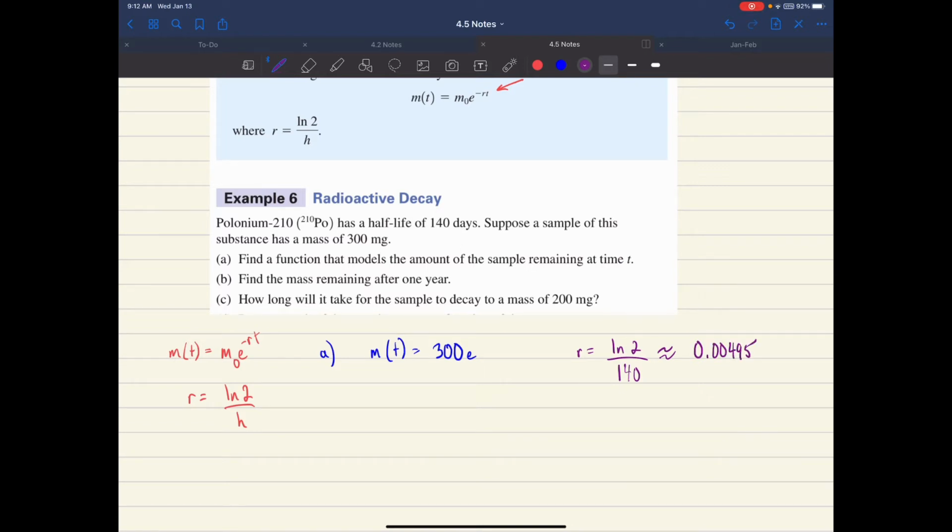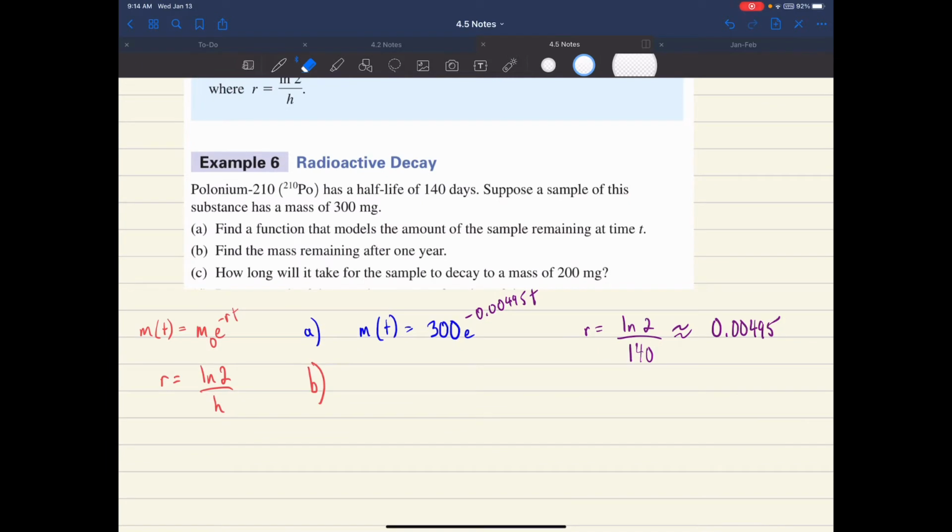So this is our rate. So then when I put it in the function, I'm going to put it as a negative 0.00495, and then we attach our t up there. So our model is m of t equals 300 times e raised to the negative 0.00495t.